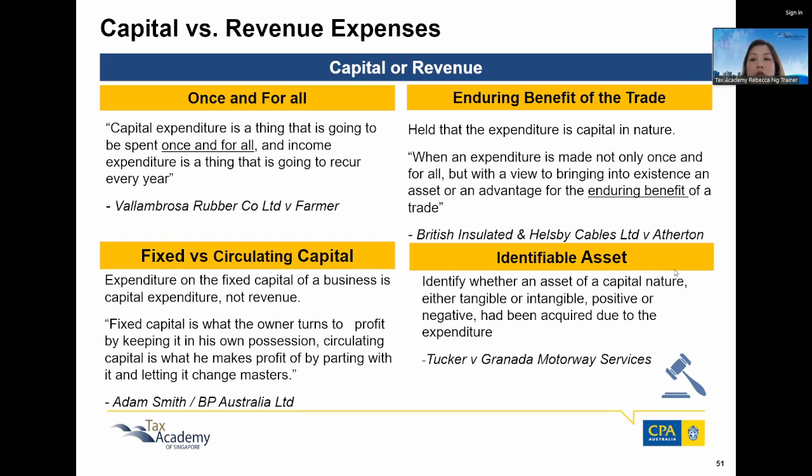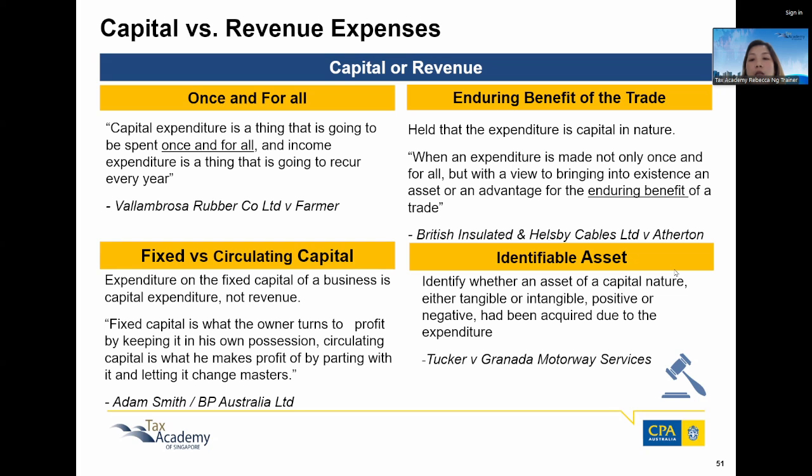Expenditure that is once and for all is likely to be capital, as compared to those of a recurring nature, like entrance fee versus annual subscription fee. The entrance fee is once and for all, so it is not deductible, and the annual subscription fee is recurring in nature, so it is deductible.